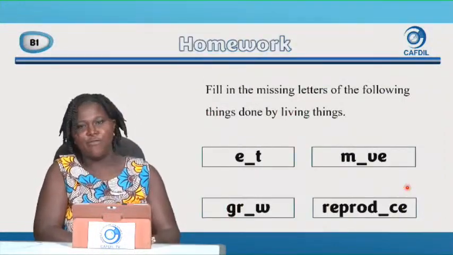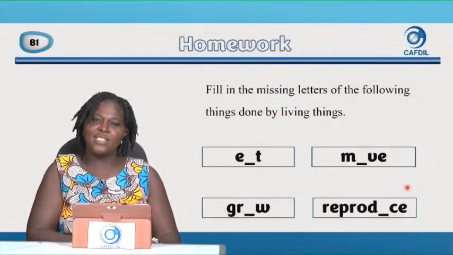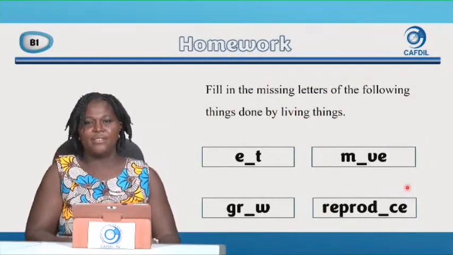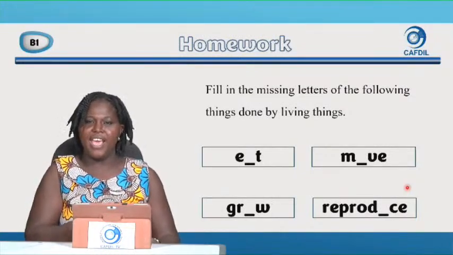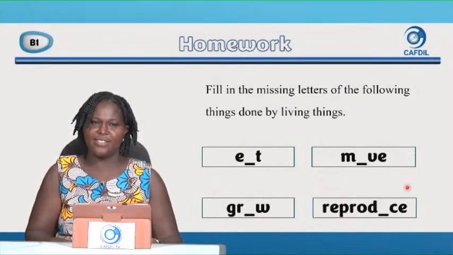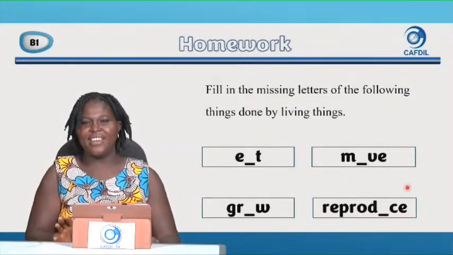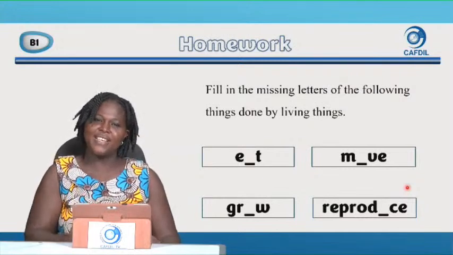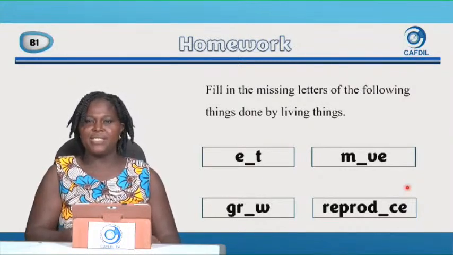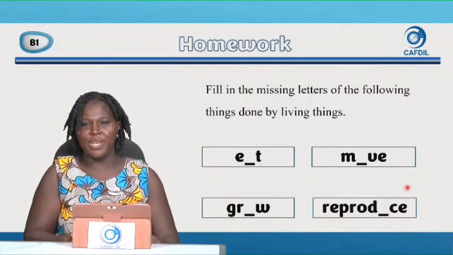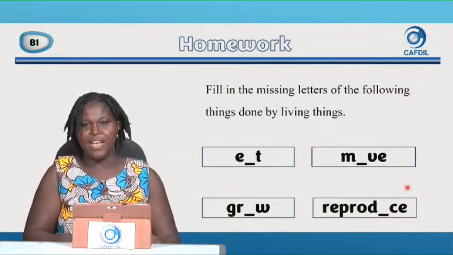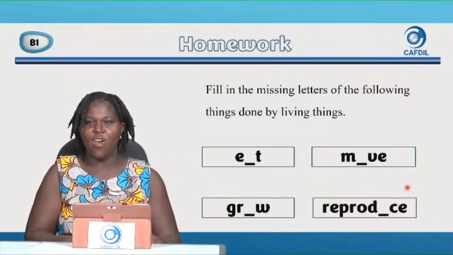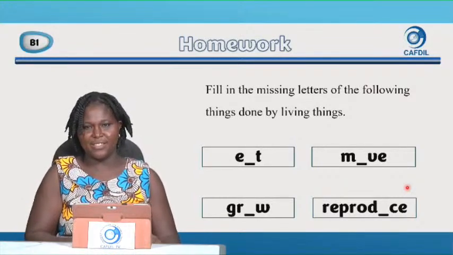Now, before we go, let us look at our homework on the differences between living and non-living things. The question says, fill in the missing letters of the following things done by living things.